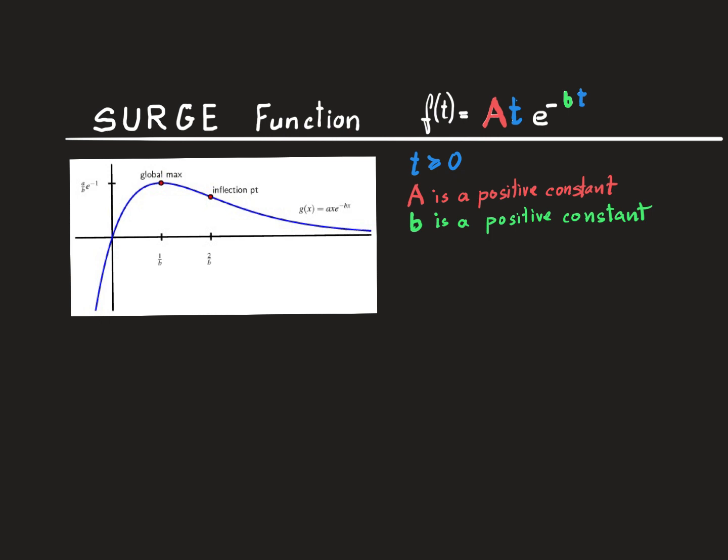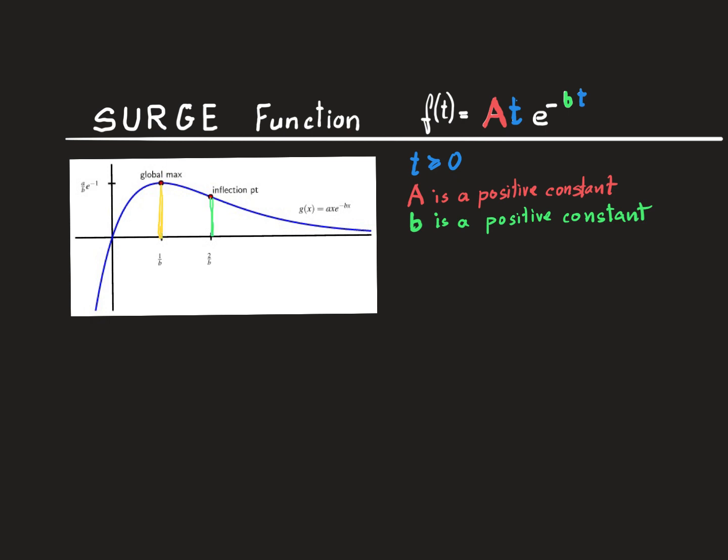So a surge function is a function that can be used to model the behavior of a system when the response to a stimulus increases rapidly, such as drugs, in the beginning, and then drops off slowly. This type of function rises up to a maximum here and is followed by an inflection point.